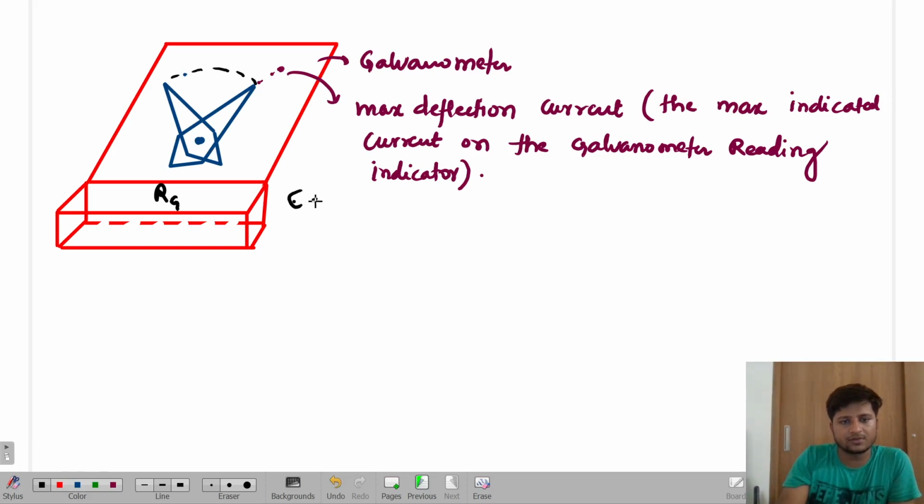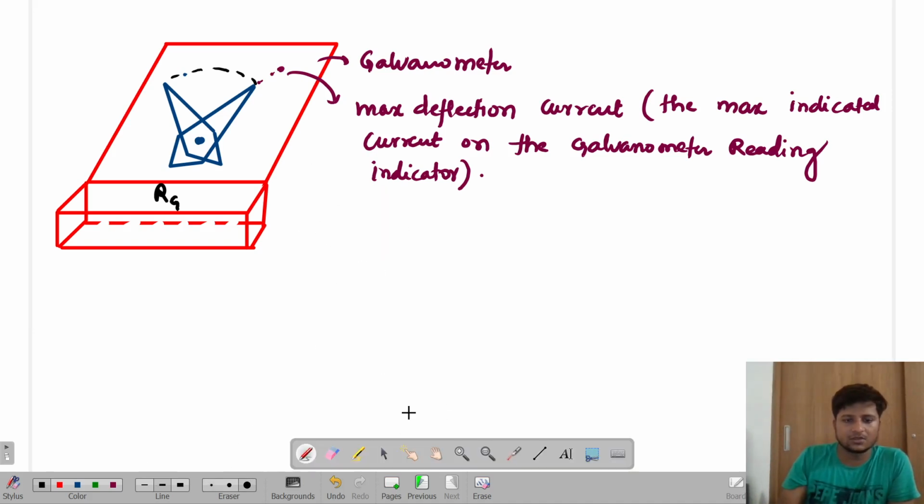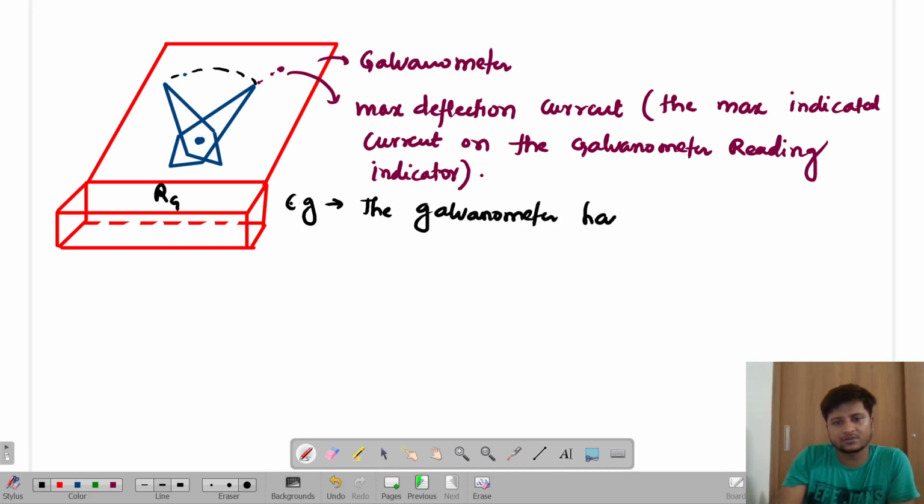Next time, I'll write the galvanometer like only a circle with G, which means that I'm using a galvanometer.